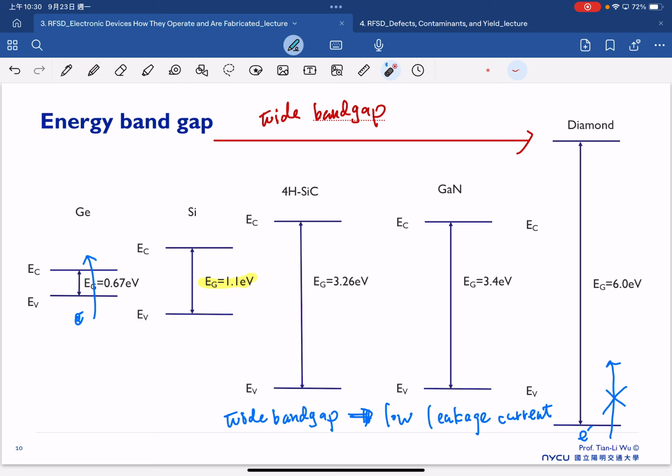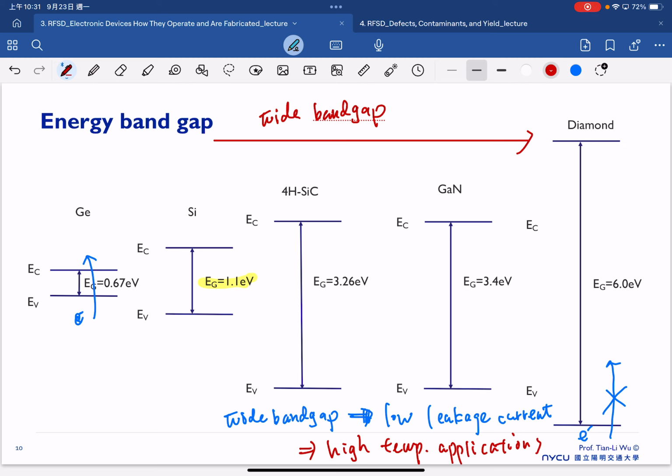And low leakage current also suggests this material is good for certain high temperature applications. Because the leakage current is very low, even if we put this in a very high temperature environment, the leakage current is still very low. So that's why wide band gap material is generally very promising for high temperature applications.